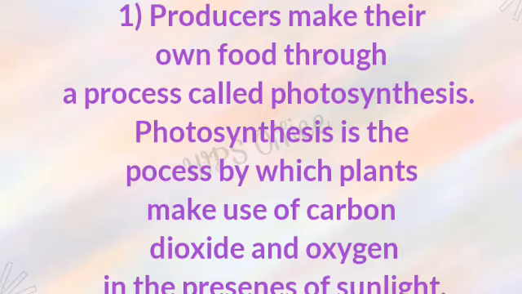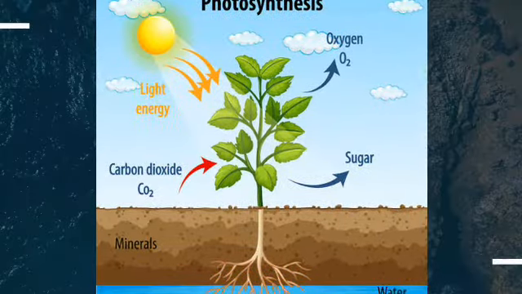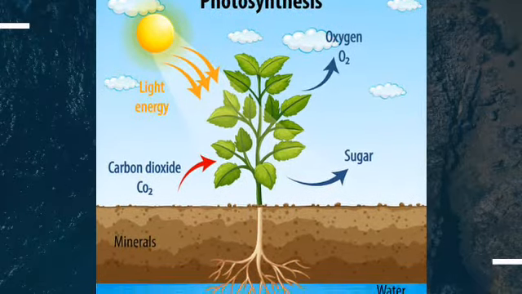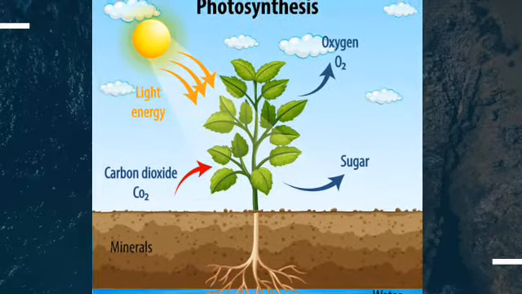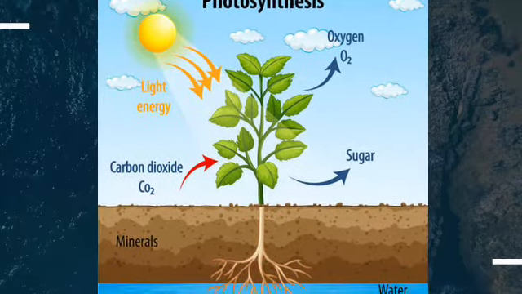Photosynthesis is the process by which plants make use of carbon dioxide and oxygen in the presence of sunlight to make their own food. This is a picture showing the process of photosynthesis in a plant.